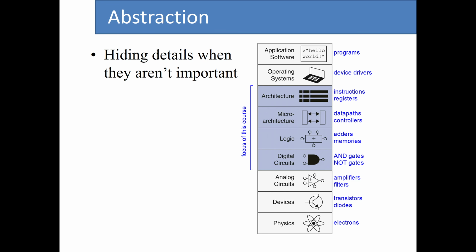If we want to be wider or talk more generally, we definitely need to talk about the power systems as well, right? But for the purpose of this course, we will be only focusing on the highlighted part of this graph. That means that we don't cover the details that are not important for us. So that is the definition of abstraction.